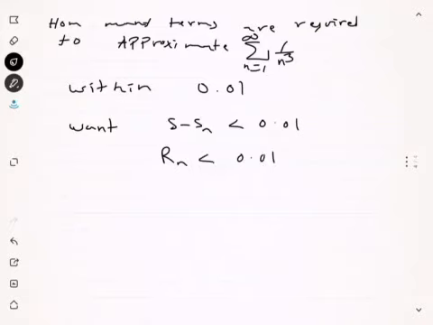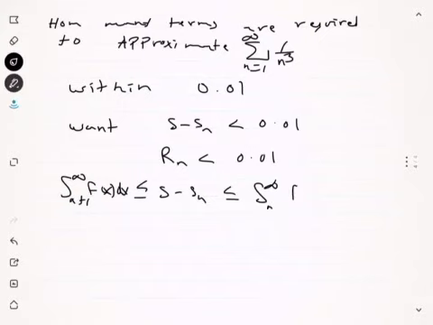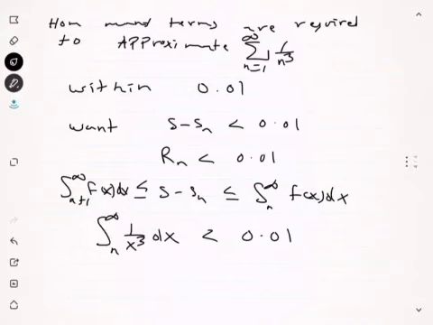But Rn, remember that S minus Sn was between this integral from n plus 1 to infinity of f of x dx, and then the integral from n to infinity of f of x dx. So if I can find n, the integral of 1 over x cubed dx, and if I can bound that by 0.01, then Rn will be bounded by that, because this is bigger than Rn.